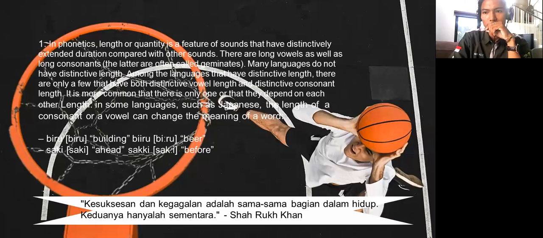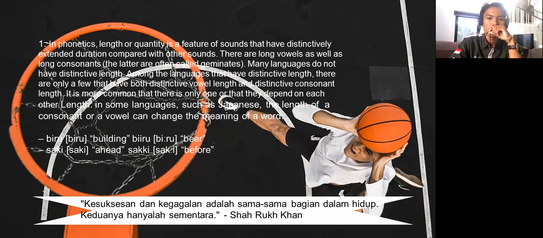All right. We are talking about the component of material, which is length. Length or quantity is a feature of sounds that have distinctively extended duration compared with other sounds, and there are long vowels as well as long consonants called geminates. Many languages do not have distinctive length.